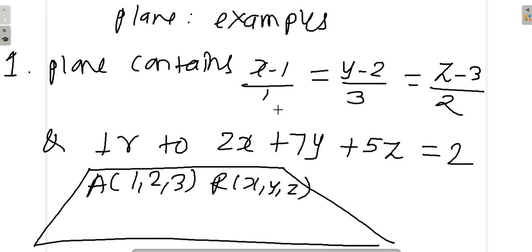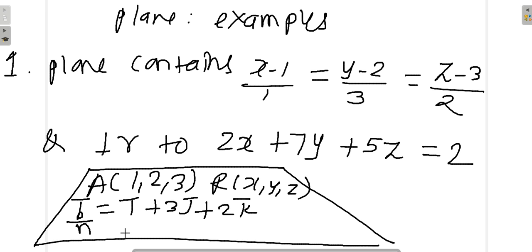In addition to that, one vector, say B bar, which is i plus 3j plus 2k, is parallel to the plane, or you can say lies in the plane. And another vector 2, 7, 5 also lies on the plane.